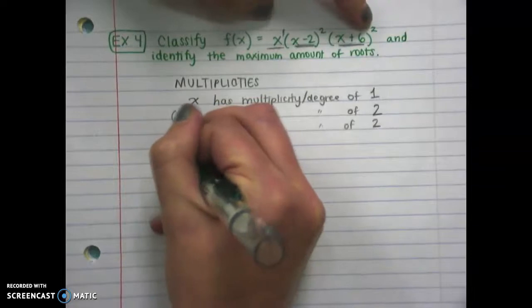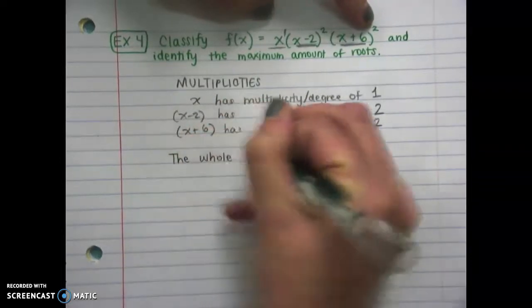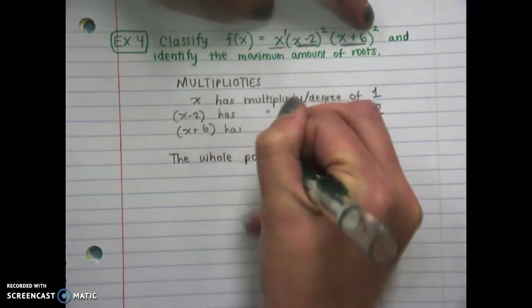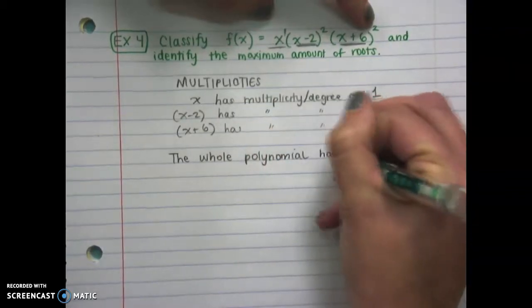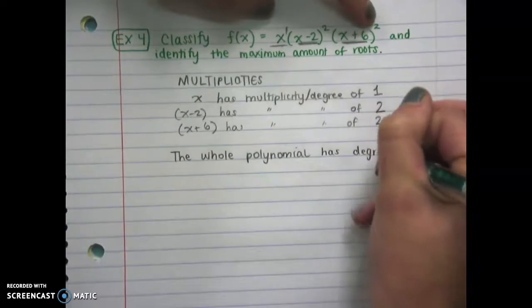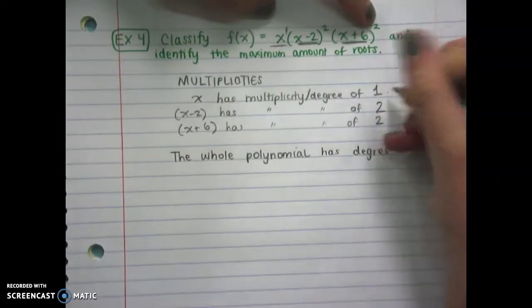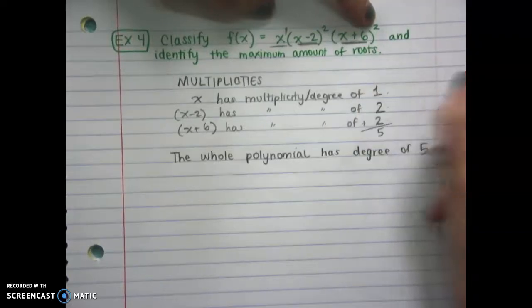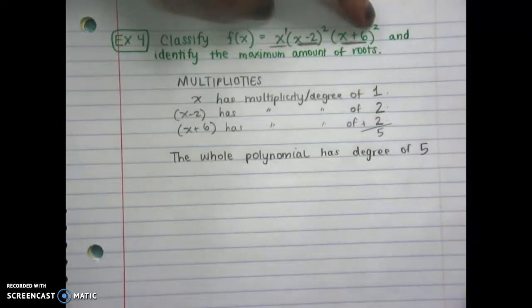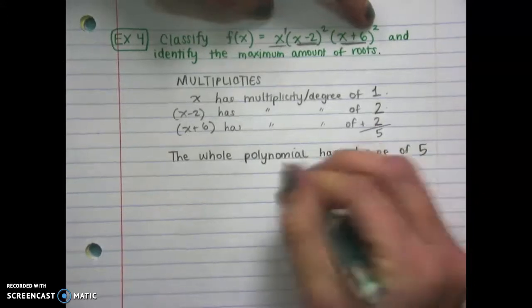So the whole polynomial has a degree of 1 plus 2 plus 2, 5. Add up your multiplicities to get your degree of the whole polynomial.